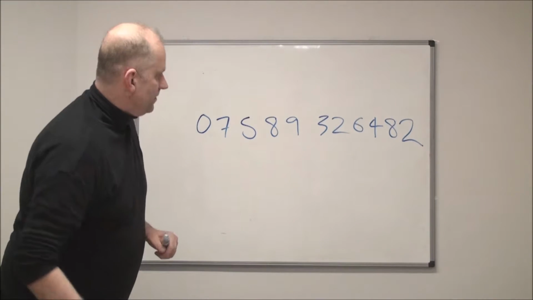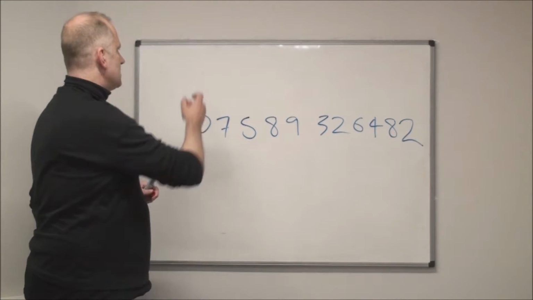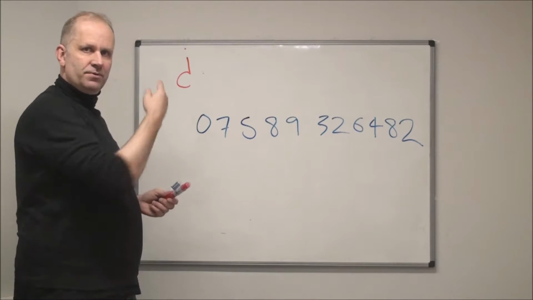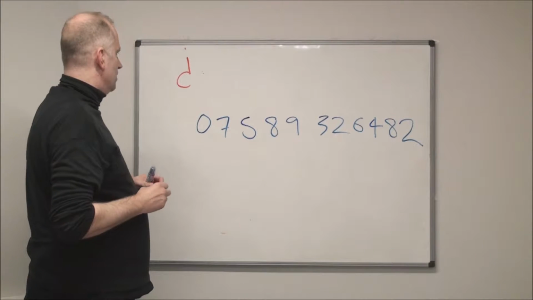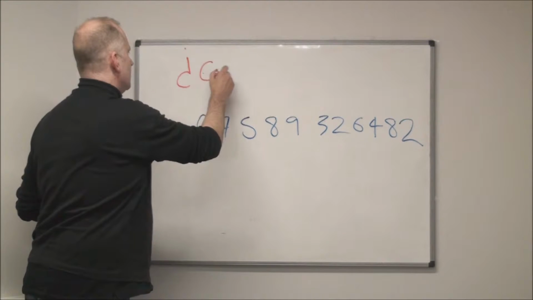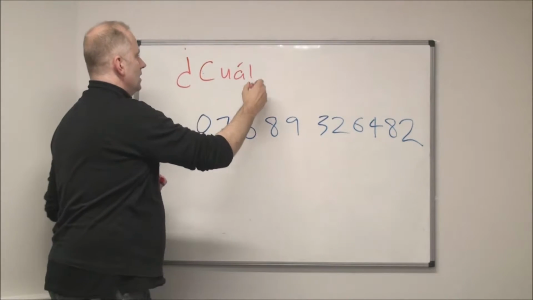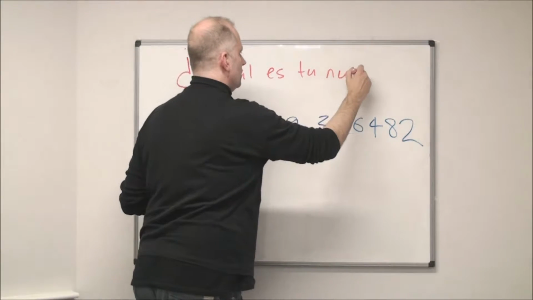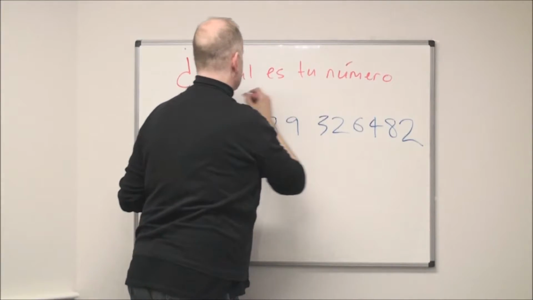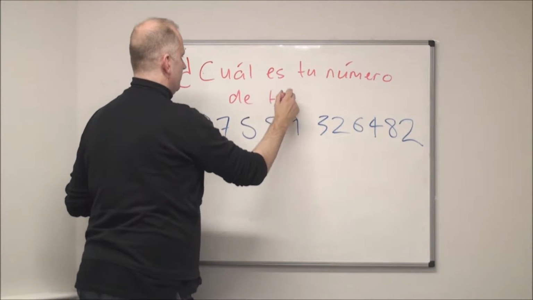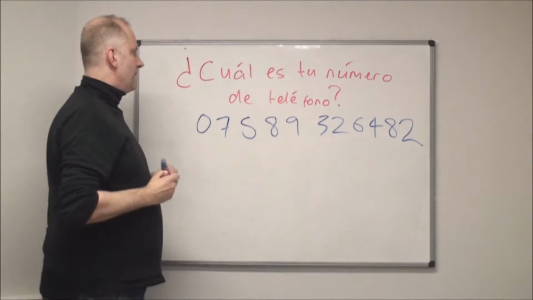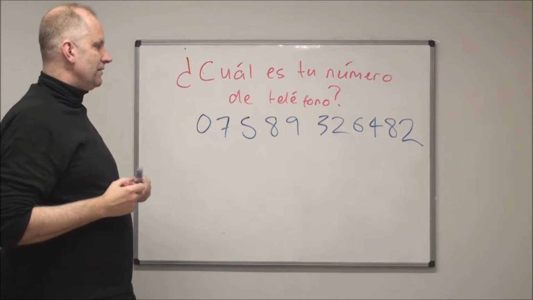If you want to ask somebody what their telephone number is, whenever you start a question in Spanish, you put an upside down question mark at the beginning. ¿Cuál es tu número de teléfono?